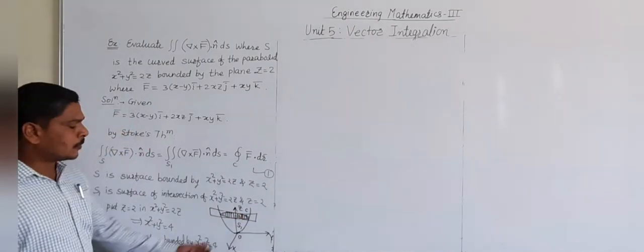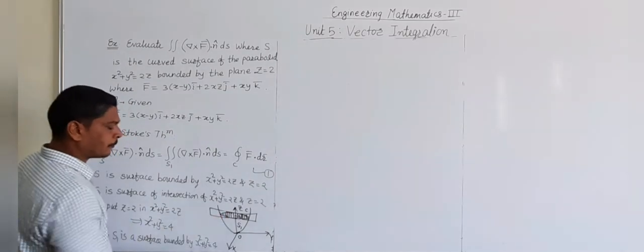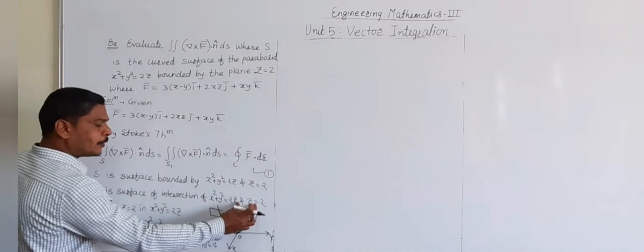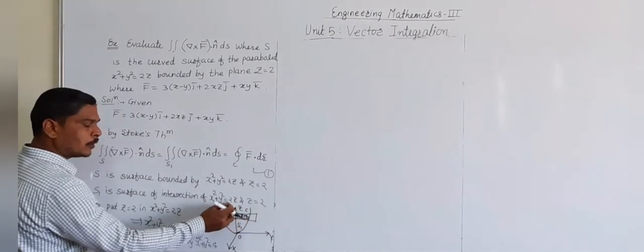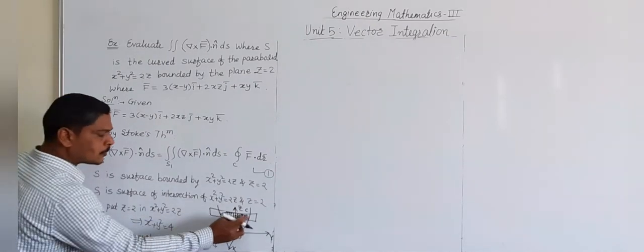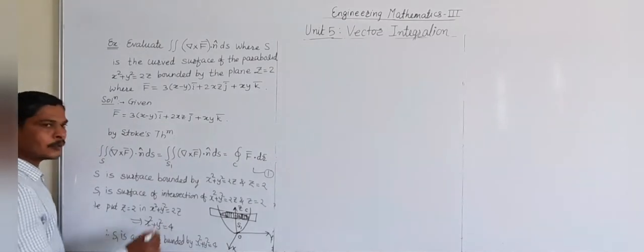Okay, so this shaded region is our surface S1. And now this is the intersection between these two curves. So put z is equal to 2 in this equation, so we get x square plus y square is equal to 4. That means the boundary of this surface S1 is a circle with radius 2.